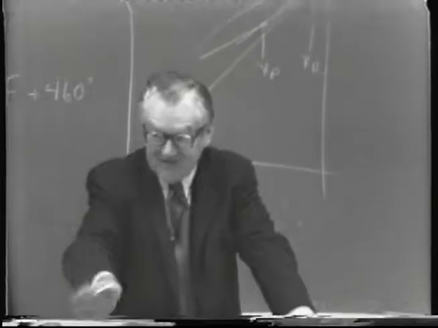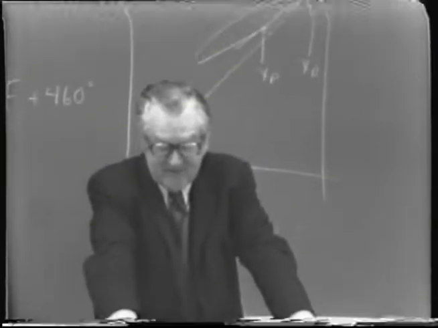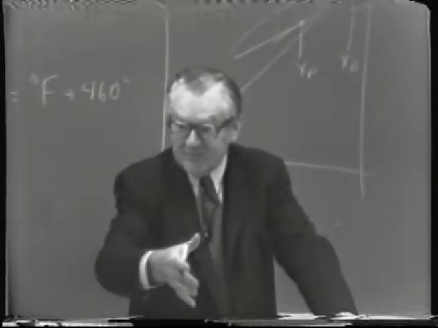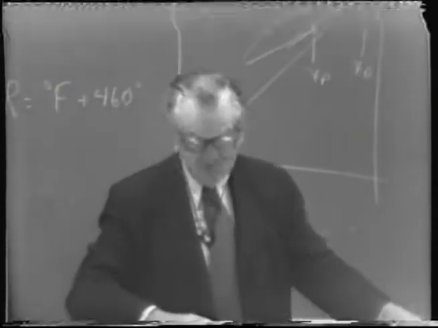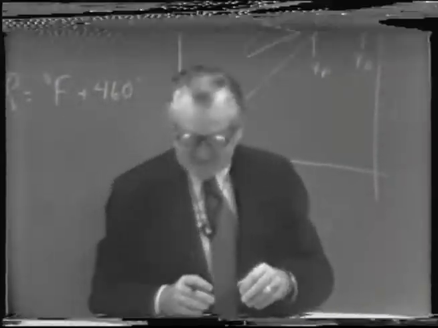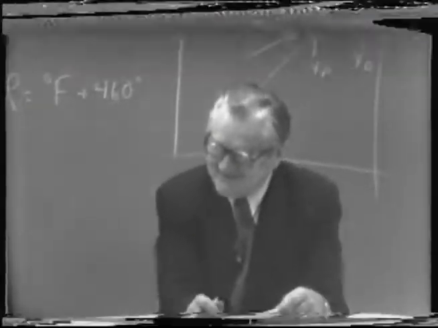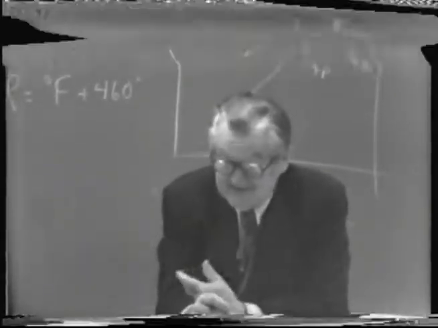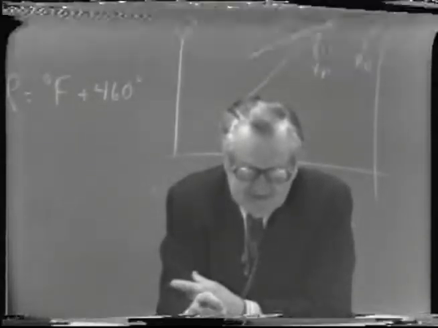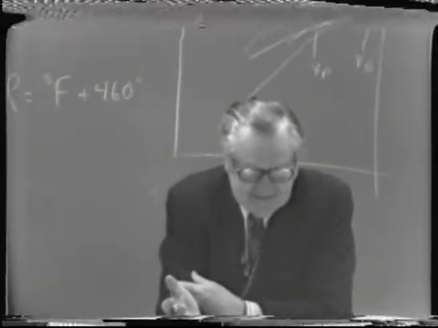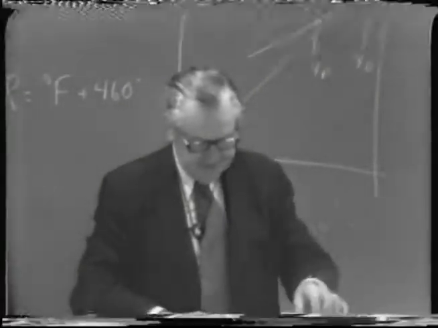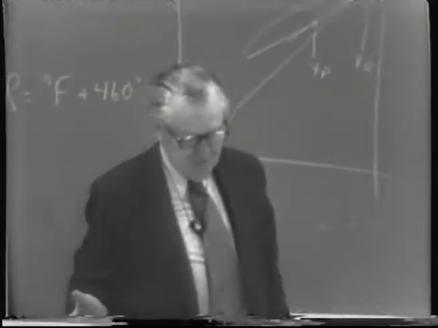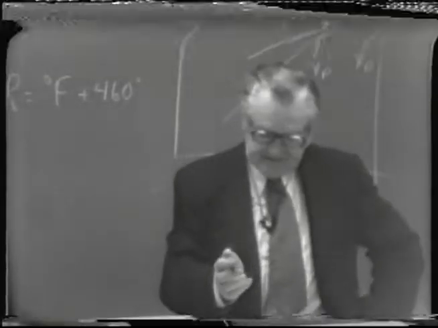If we had a 10-degree error, it wouldn't really have much effect on the result because these are pretty big estimates anyway. Guesstimates is a good word, the word using now. Guesstimate? Yeah. But anyway, they're reasonable estimates, I would think.